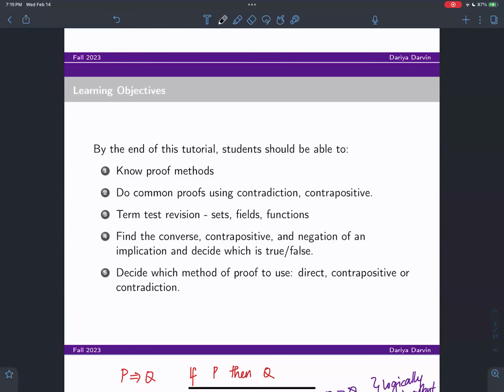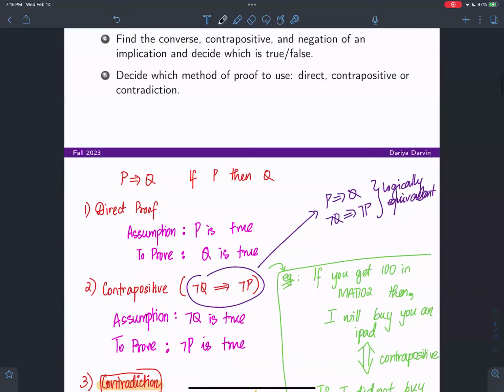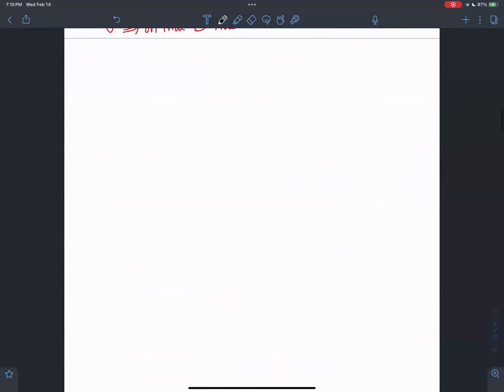So the main proof methods that we are going to talk about today, and today we are just going to talk about proving statements that are usually of the form P implies Q. That's the most high-yield thing that we're going to do. What are the three proof methods that you know of for those?